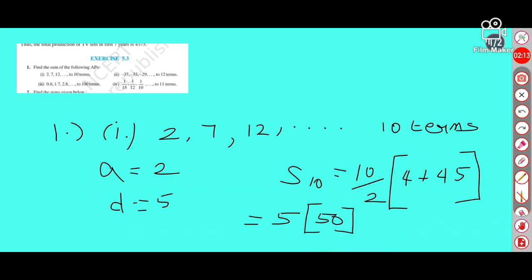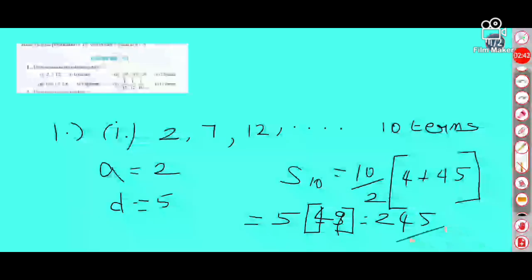So 5 into 49, 45 plus 4, 49. So the sum of the first 10 terms in this AP sequence, that is 2, 7, 12 and goes on up to 10 terms, is 245, right?